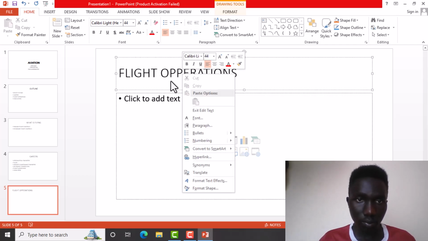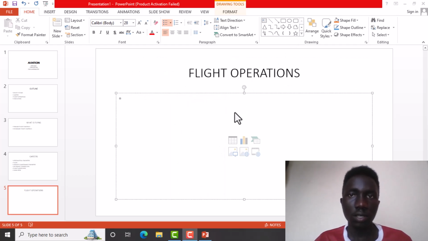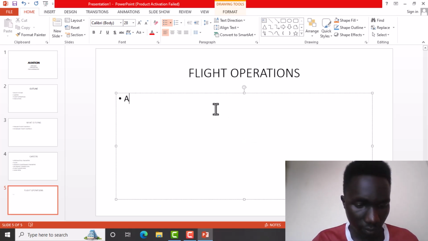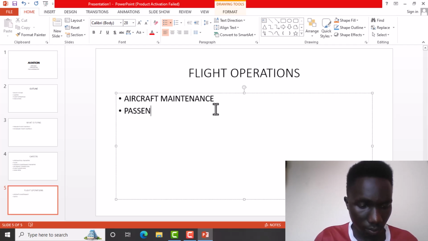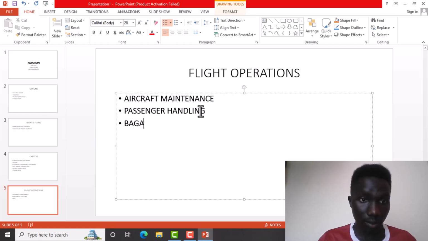Here we shall talk about aircraft maintenance, passenger handling, so passenger handling, we have the baggage handling, then conclusion.